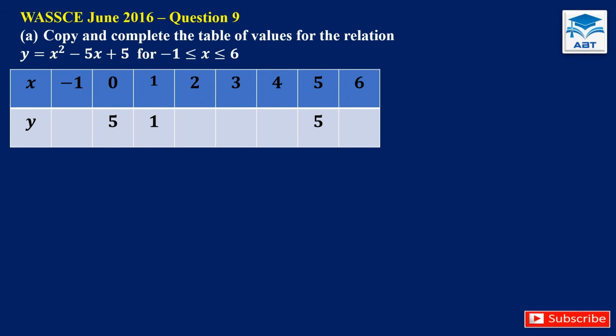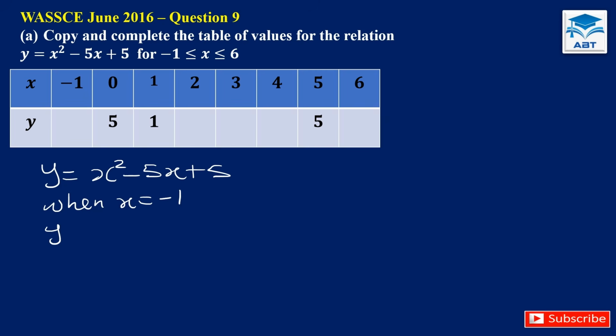So to complete the table, we have the relation y is equal to x squared minus 5x plus 5. And when x is equal to -1, we don't know the y values. So we fix x is equal to -1 in the relation.